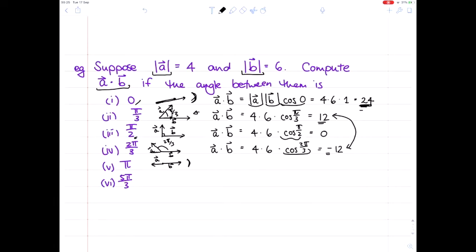So we should get minus 24. Let's just check. The cosine of pi, if you check that, is equal to minus 1, so we end up with minus 24.